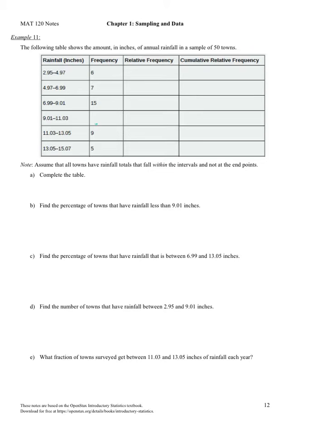For the very first cell, we know that the total frequency will be 50. So in order to find this value, all we have to do is subtract these frequencies from 50, and we will end up with 8. And here is our relative frequency column.